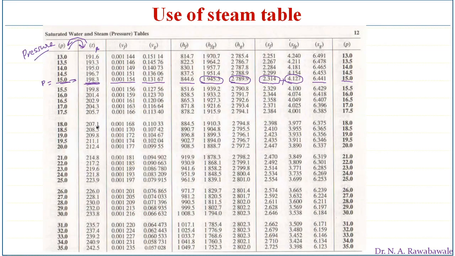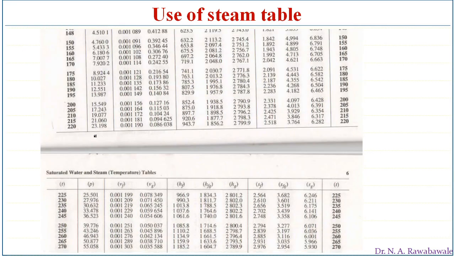Now we take 15.5. So here, corresponding to pressure 15.5 bar, saturation temperature Ts is 200 degrees Celsius. Approximately we consider this as 15 bar. This is the pressure column, and this is the saturation temperature. Corresponding to 15 bar, temperature of saturation is 200 degrees.